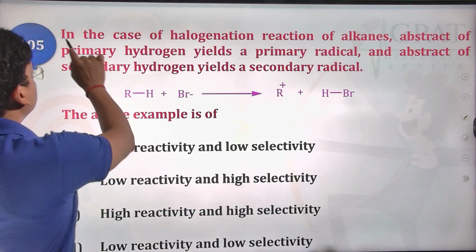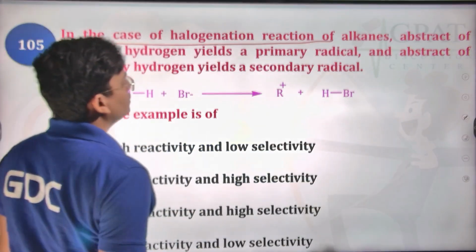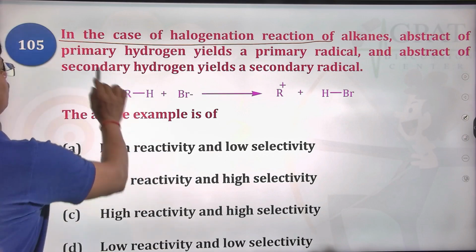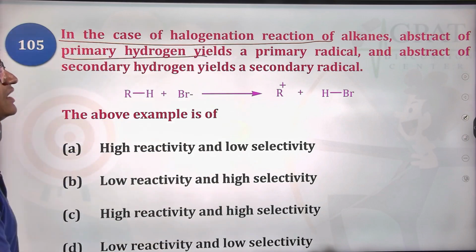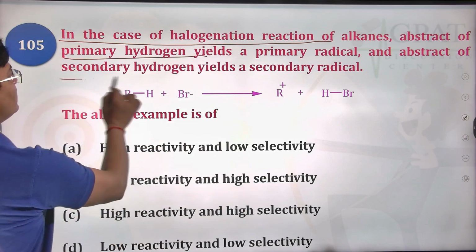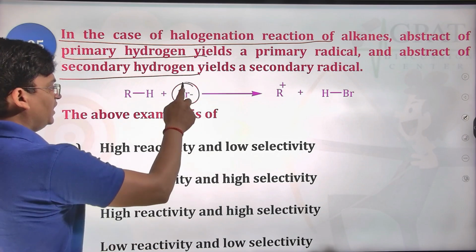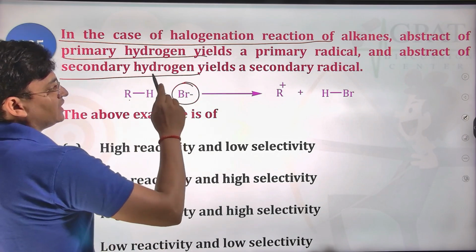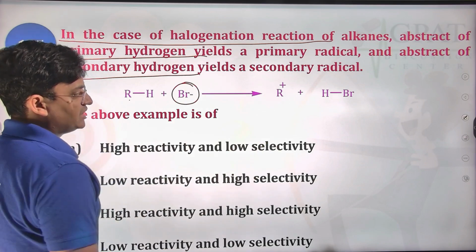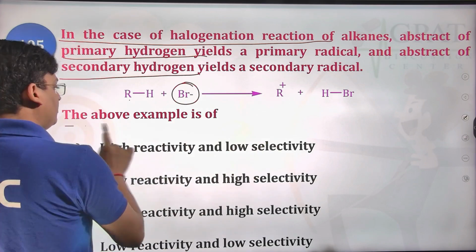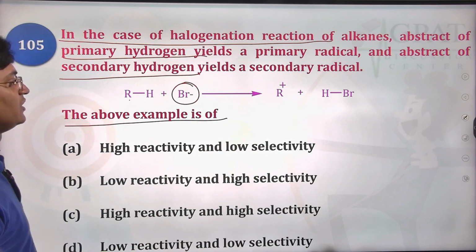Right answer. In case of halogenation reaction of alkane, abstraction of primary hydrogen yields a primary radical and abstraction of secondary hydrogen yields a secondary radical. So bromine reacts with an alkane and secondary and primary radical formations are taking place. So the above example is high reactivity and low selectivity.